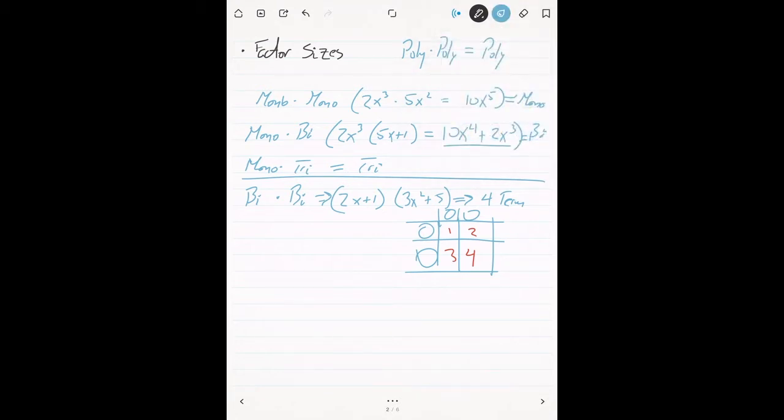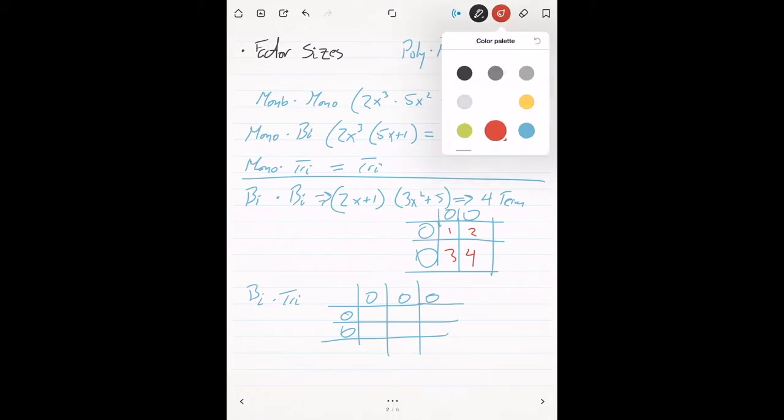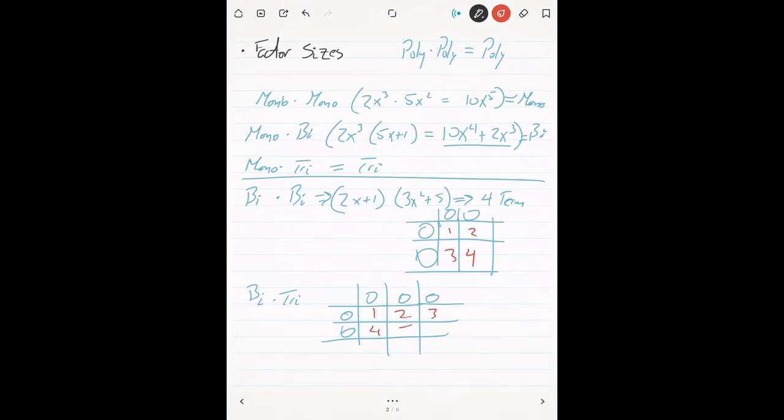Now let's take a look at when we have a binomial times a trinomial. Well, in this case, if I did the box method for a binomial, and then I had three terms for a trinomial, we would end up with 1, 2, 3, 4, 5, 6 terms.